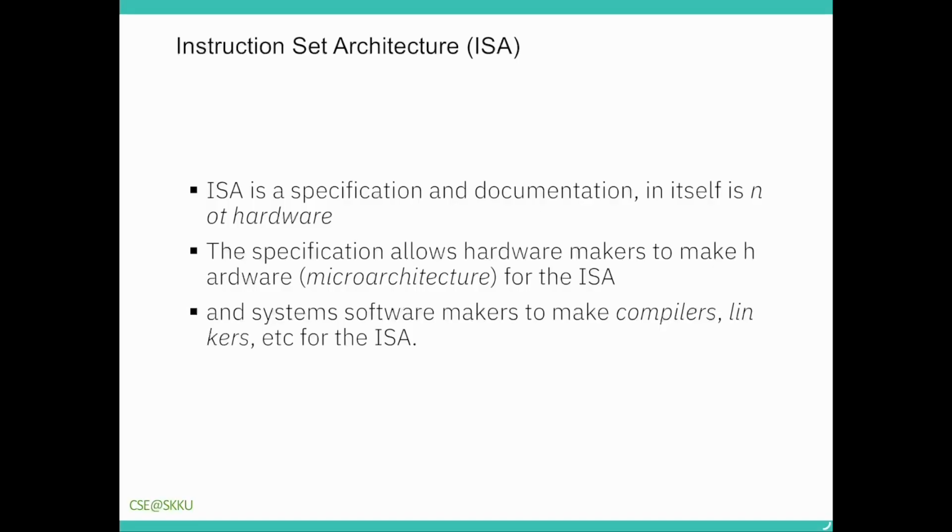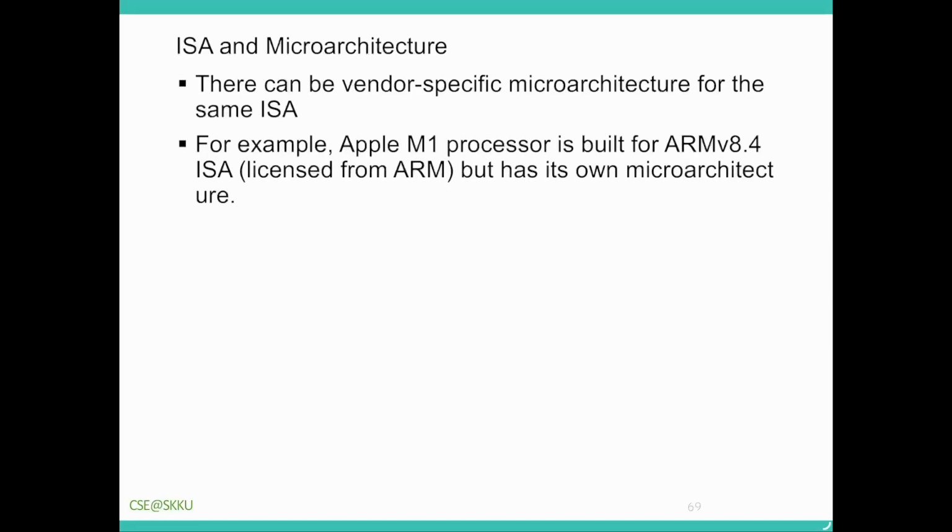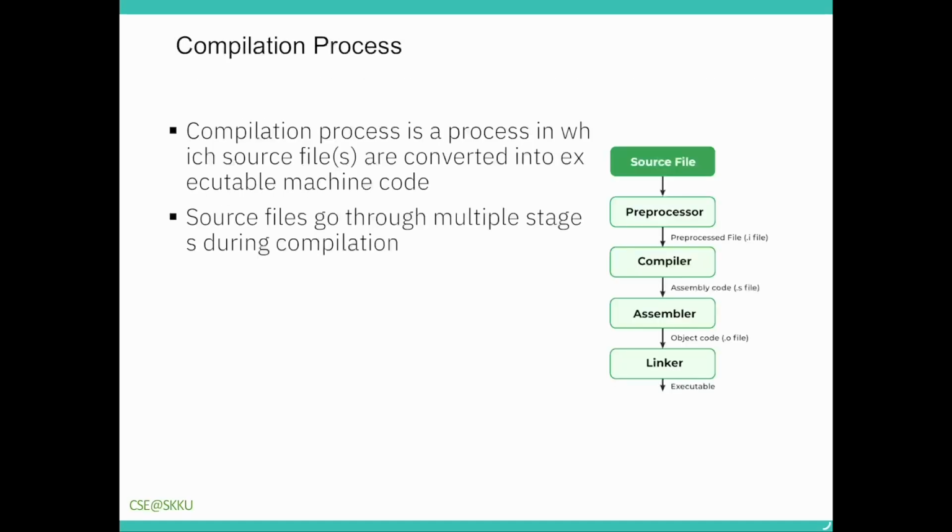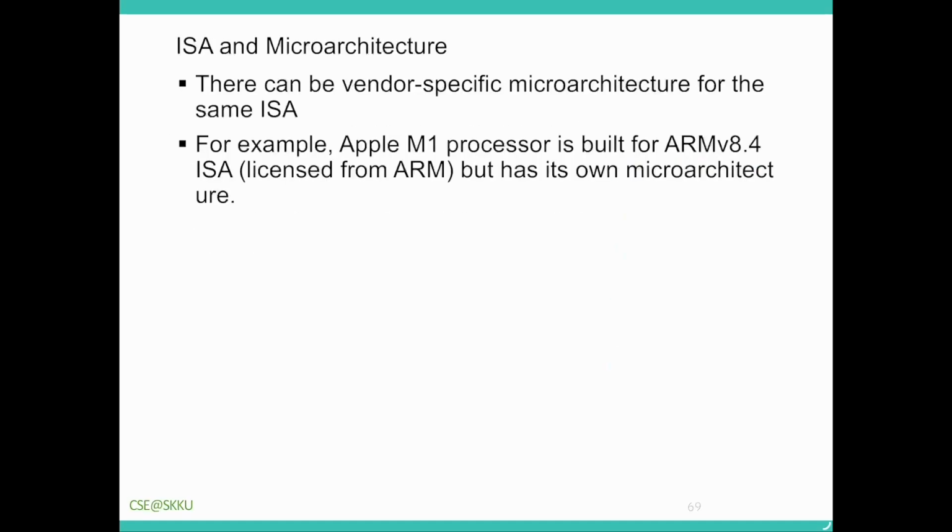In itself, it is not a piece of hardware. The specification allows hardware makers to make hardware or microarchitecture for the ISA, and system software makers make compilers and linkers for the ISA. So like we already mentioned, there can be vendor-specific microarchitecture for the same ISA. So M1 processor is a microarchitecture implementation for the ARM ISA.